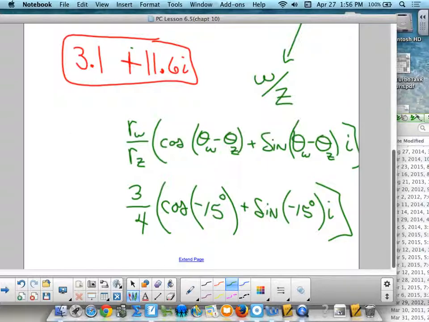Okay. Last but not least, take what are we doing here? Take W and do what to it? Cube it.